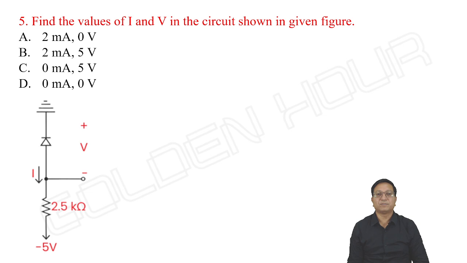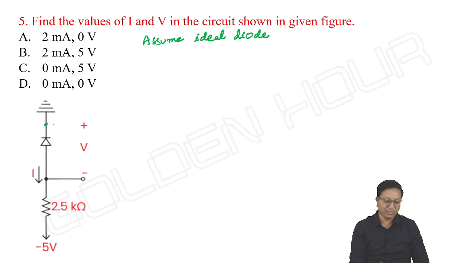Find the values of I and V in the circuit shown in the given figure. Again, assume ideal diode. What about the status of the diode? The cathode is going to ground and anode is going to minus 5 volts. Definitely anode is at a lesser voltage compared to cathode, hence the diode is off.